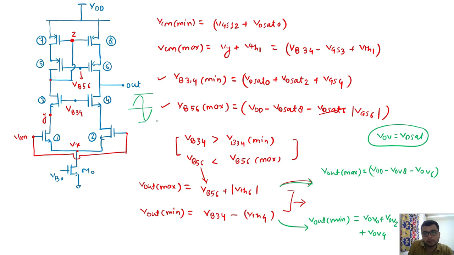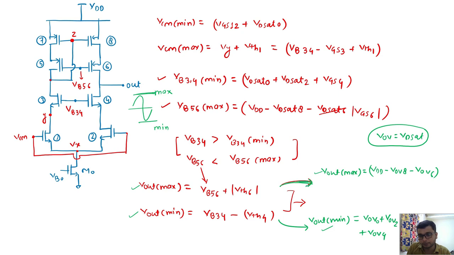So maximum value is nothing but the minimum of these two values, and minimum value of the output will be the maximum of these two values. So from here we can calculate properly.